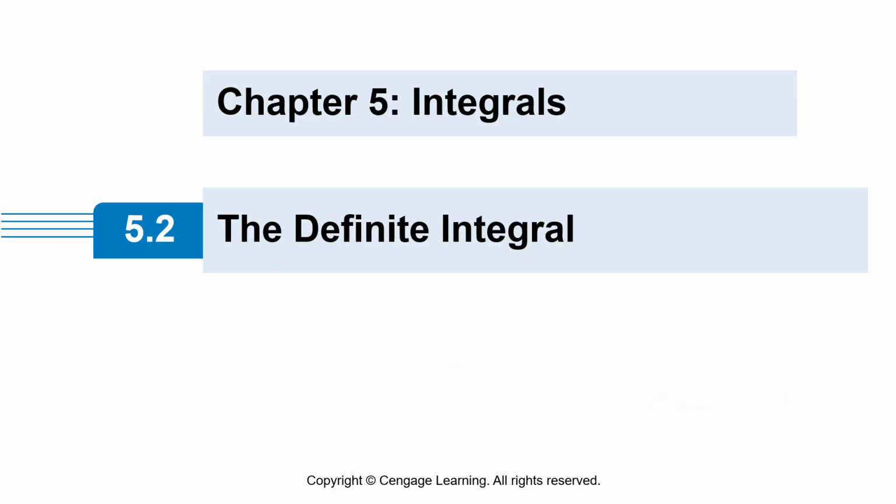In section 5.1, we just learned the area problem and the distance problem, and we developed a strategy to solve those problems. But our chapter is called integrals, and we haven't even used that word yet. So in section 5.2, we're going to define something called the definite integral.